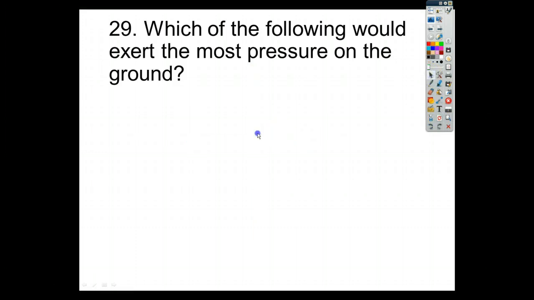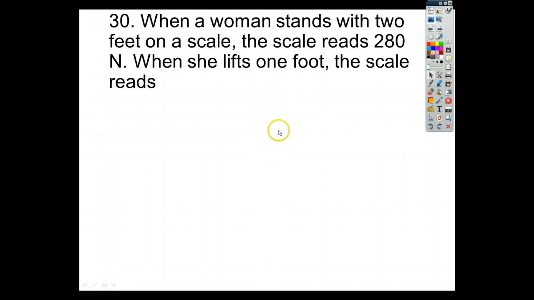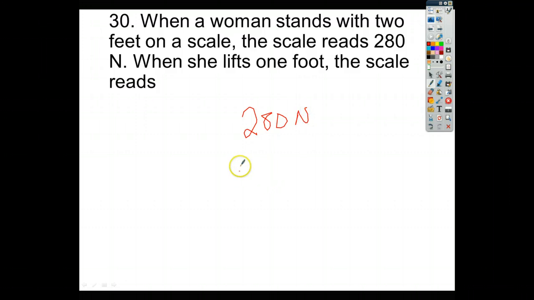Number 30 says, when a woman stands with 2 feet on a scale, the scale reads 280 newtons. If she lifts 1 foot, the scale will still read 280 newtons, because all of her weight is on that scale. So if she's standing with both feet on the scale, it'll read 280.